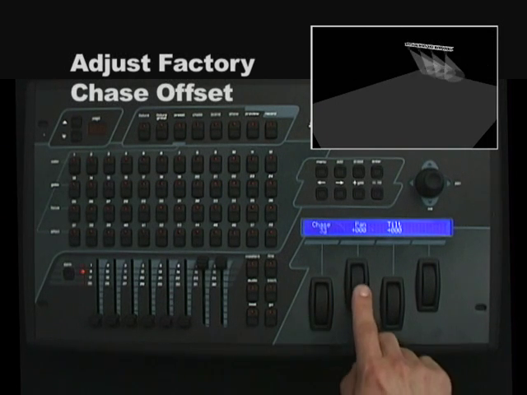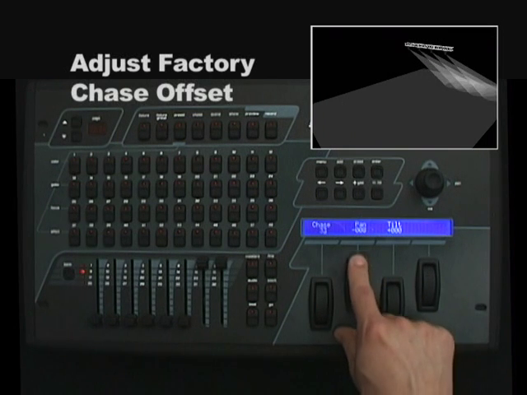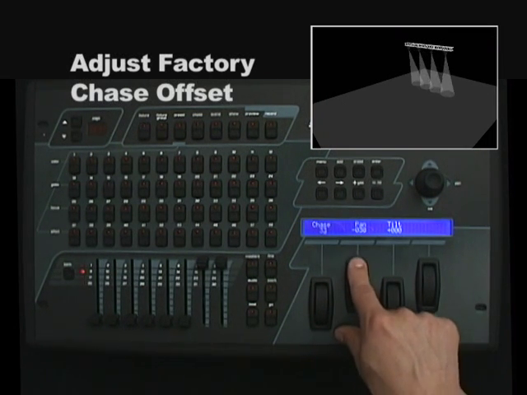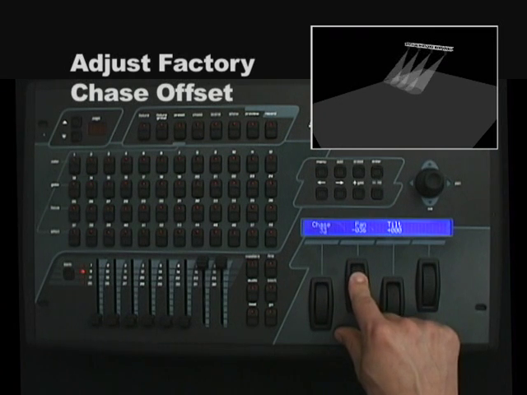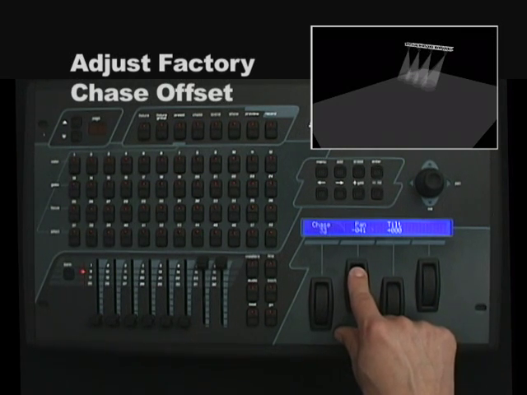We can then use data wheel 2 and 3 to adjust our pan. As you can see, the offset is moving as the circle continues to run. This allows us to move the factory chase to an exact location where you need your factory chase to run.